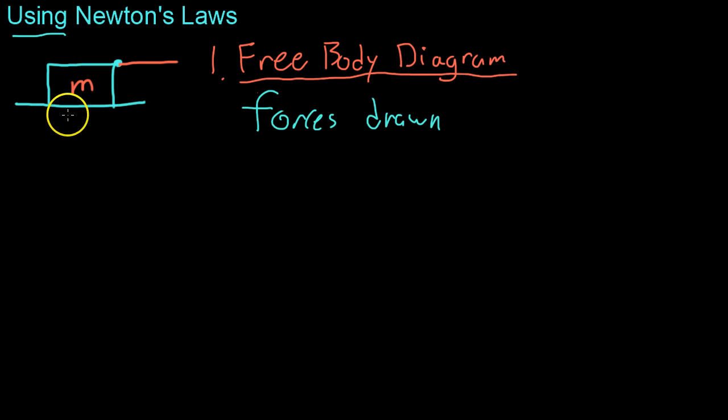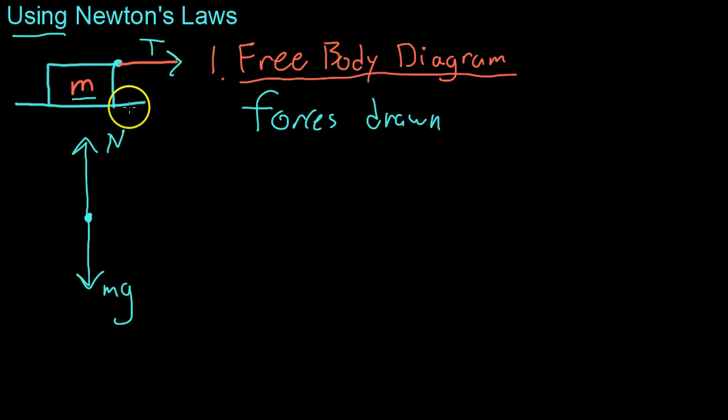So, for example, if we look at this block of mass m, we have over here on the left being pulled by this tension force from the rope. We can draw all the forces acting on it. So, the first force that will always be there, well, not always, but for the most part in this course we're always going to have gravity, which we'll illustrate as mg, and then because there's no acceleration in the y direction, we know that there's a normal force because it's being supported by this table or floor down here.